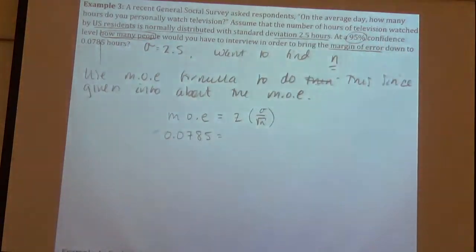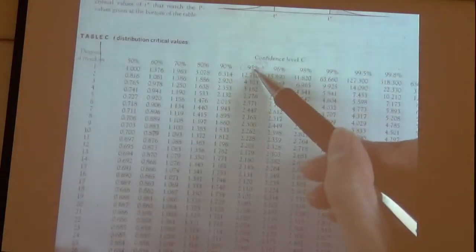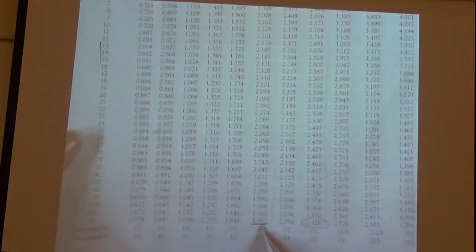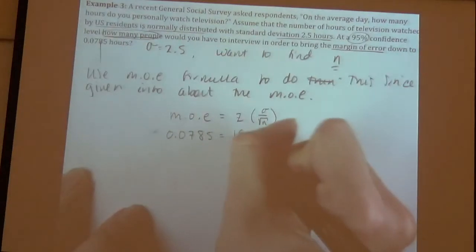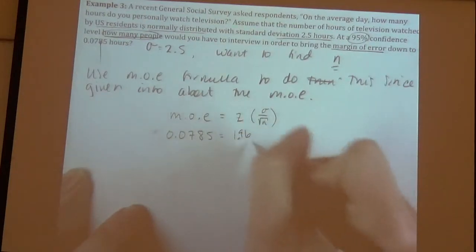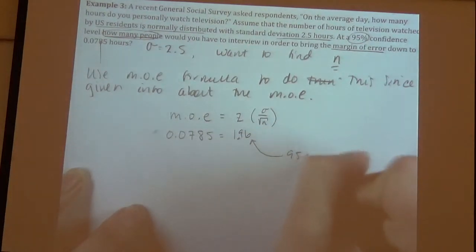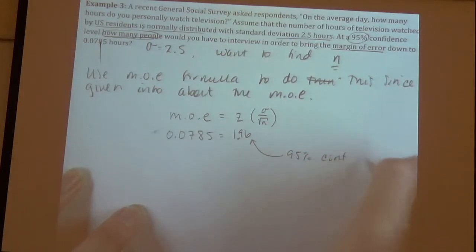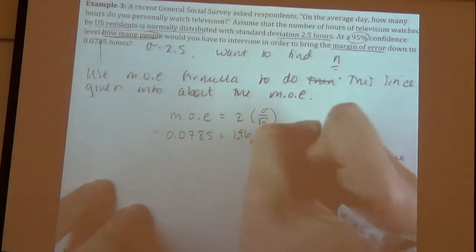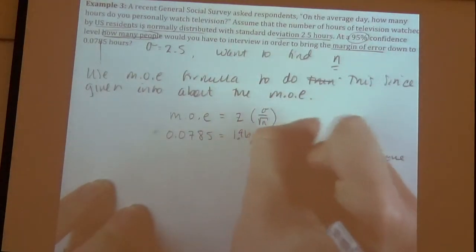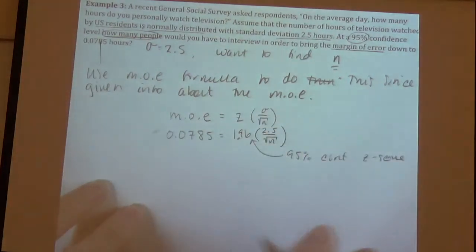So again, I already know what this value is, but if I wanted to, I could look this up. 95% confidence, go down to my z-score, and it's 1.96. That's because this is the 95% confidence z-score. Technically that's from table C. And then I know that my sigma was given as 2.5. I don't know my root n, so I'm just rewriting that there.